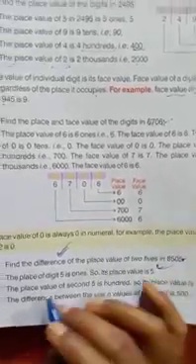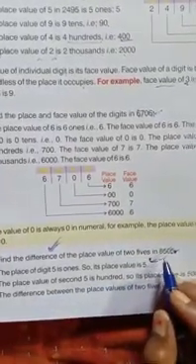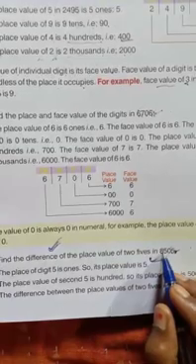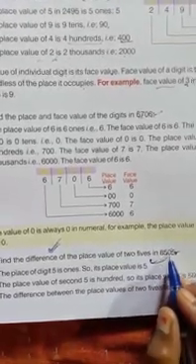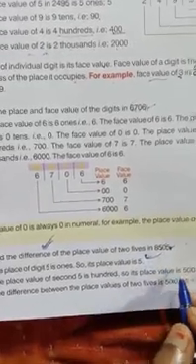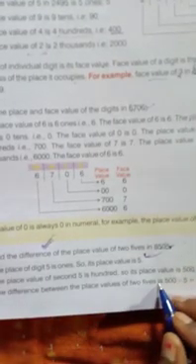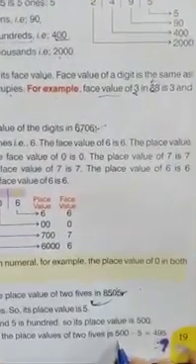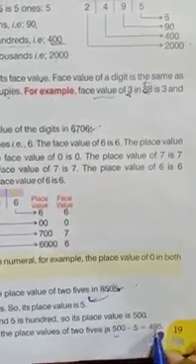The second 5 is in the hundreds place: ones, tens, hundreds. So its place value is 500. Now the difference between the place values of the two fives is 500 minus 5, which is equal to 495.